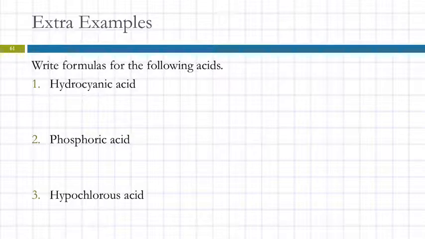So some extra examples. Write the formulas for the following acids. Hydrocyanic acid. Obviously it's an acid. Is it an oxyacid or the other kind? It starts with hydro, so it's the other kind. Hydrocyanic: hydro represents the hydrogen, and then this is the name of the other element. Is there a cyanogen or cyanide?